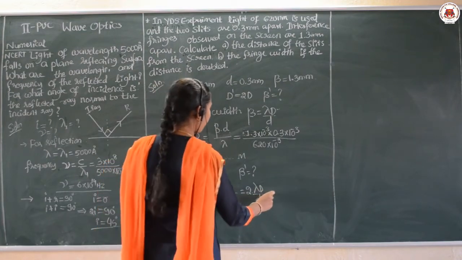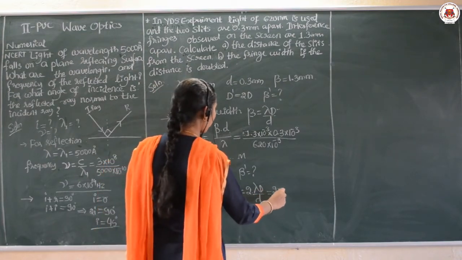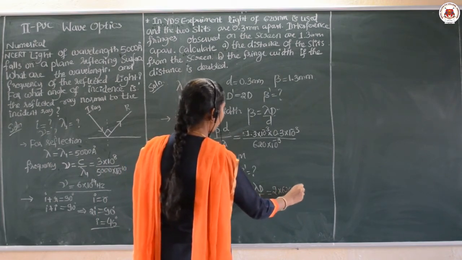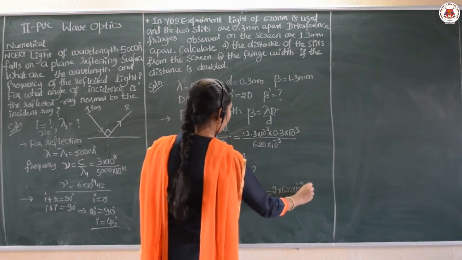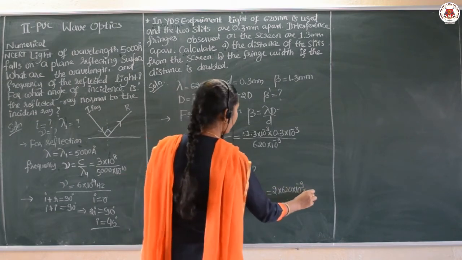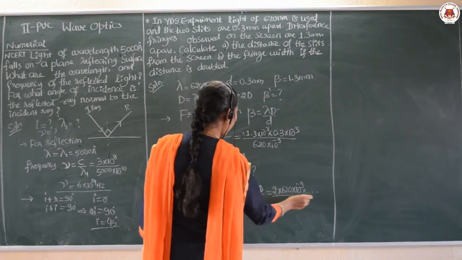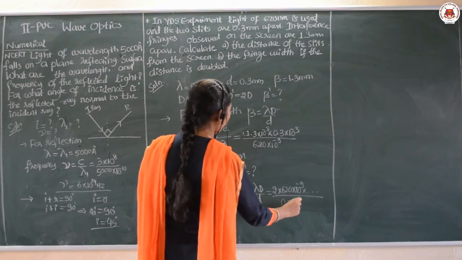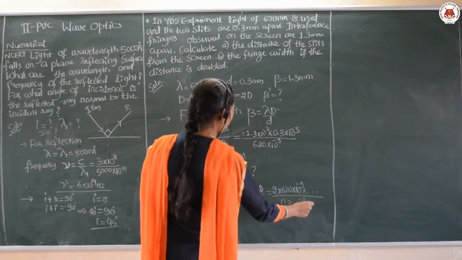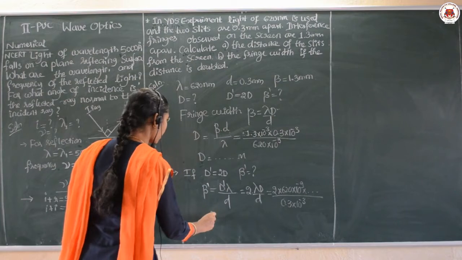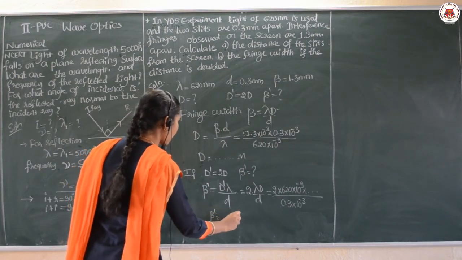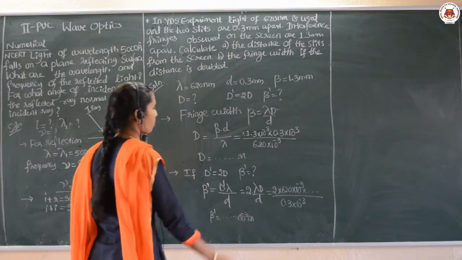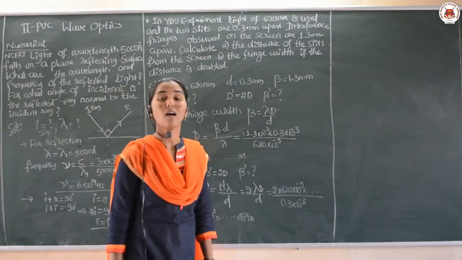Then if you want to substitute all the values here, 2 into 620 nanometer into the capital D obtained in the last step, then whole divided by small d, which is 0.3 into 10 raised to minus 3. After the simplification of this, I hope you will get the answer in millimeters. Okay. So, this is how.